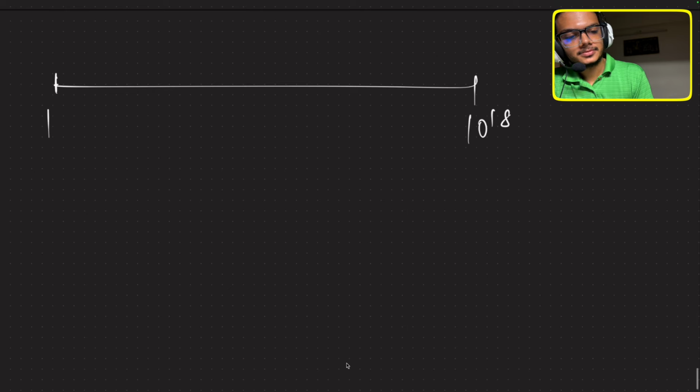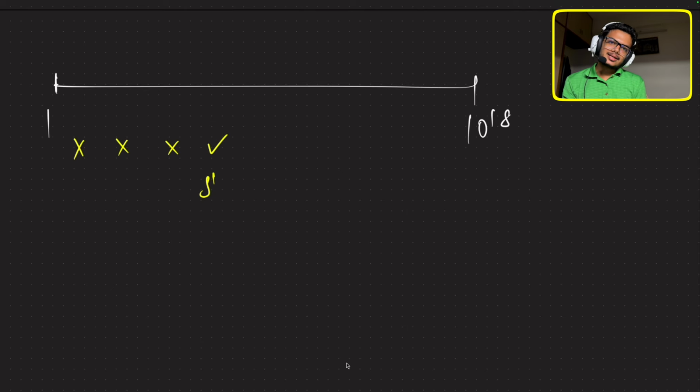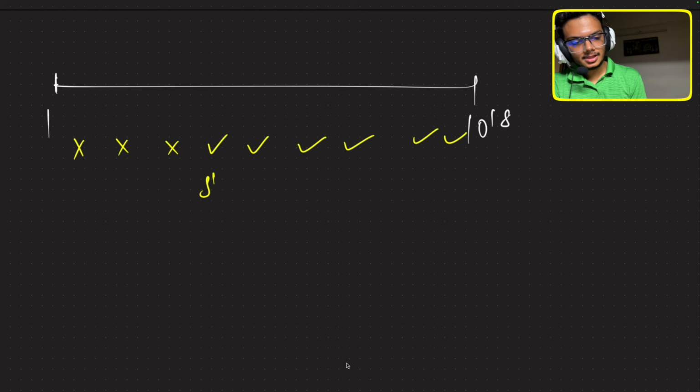We know for the fact that our answer lies in this range, 1 to 10 power 18. And we definitely cannot have splits with certain sums. But after a while, let's say for this s dash, we can create a split in a way that we have k parts and the sums are not exceeding s dash. Then for all the sums after s dash, we can also create the split, right?